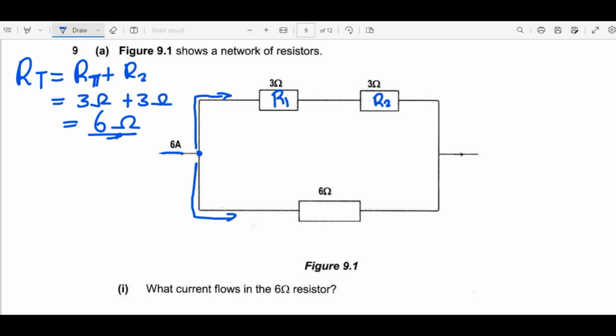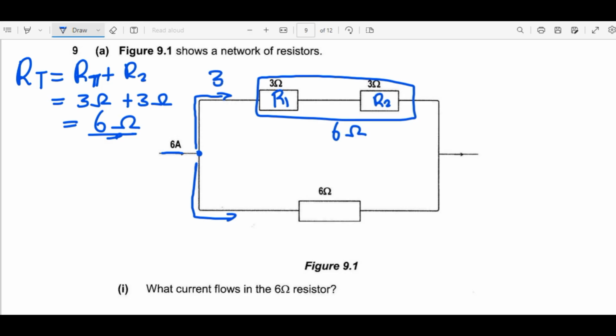6. Now we have to look at this question carefully. Here the total resistance of these two, if combined, is 6 ohms. Here we have 6 ohms and also here we have 6 ohms, so the current must have divided equally.